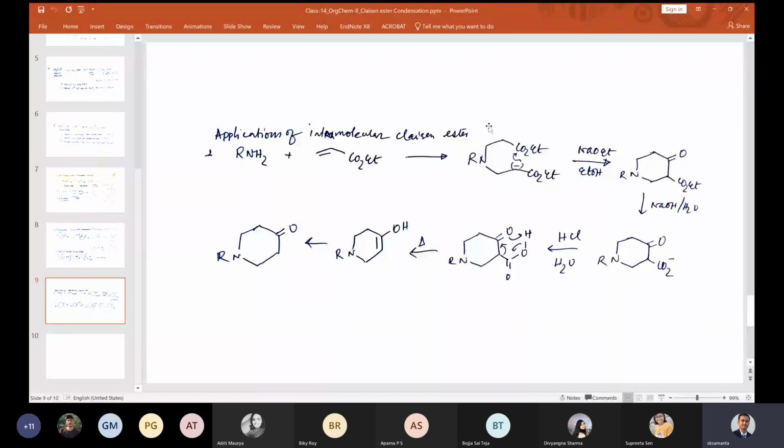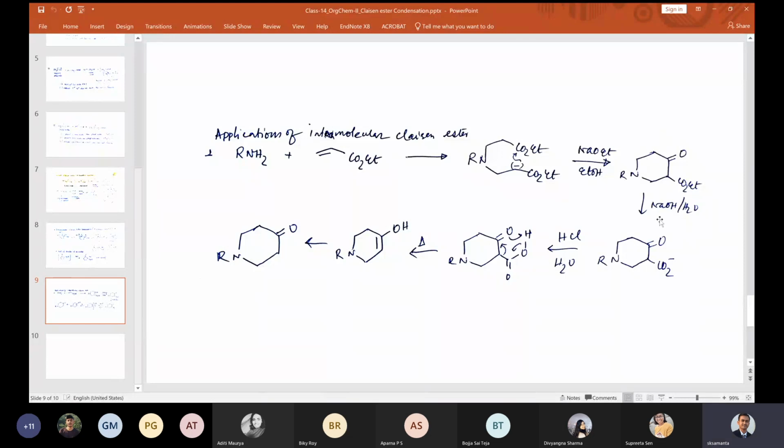So first you form this compound, and then again you take this base, sodium ethoxide and ethanol, and the intramolecular Claisen-Ester condensation, the Dieckmann reaction, takes place here. This negative charge, either here or here, both are equivalent. So this negative charge forms here, attacks this carbon center, OEt minus leaves, so you get this product.